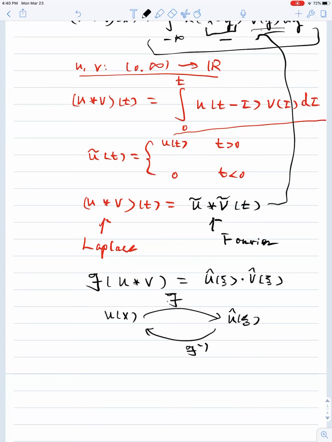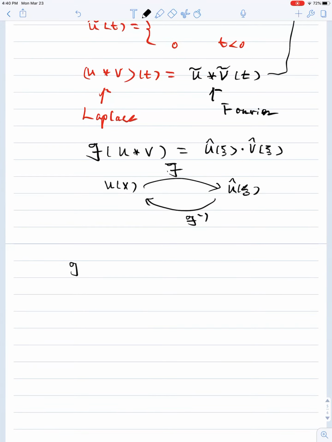The inverse Fourier transform is given by this formula: u hat, and then now it becomes the integral of 1 over 2π, u hat(ξ) e^(-iξx) dξ, where the integral here is for ξ from negative infinity to positive infinity.